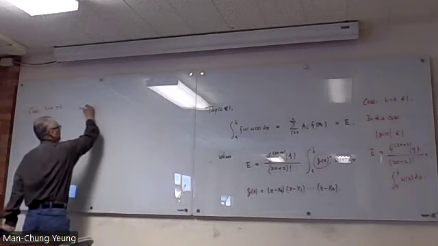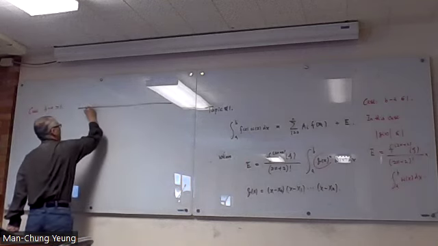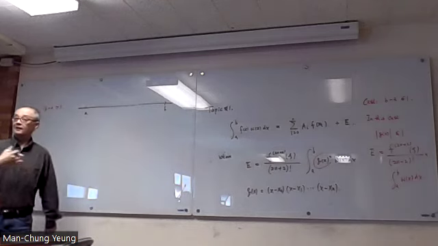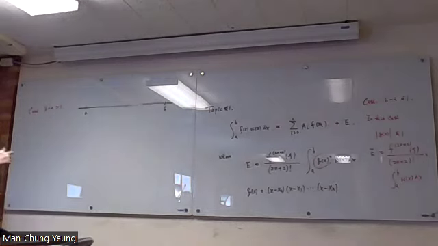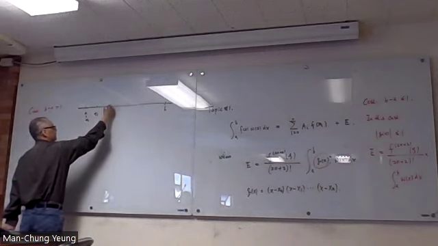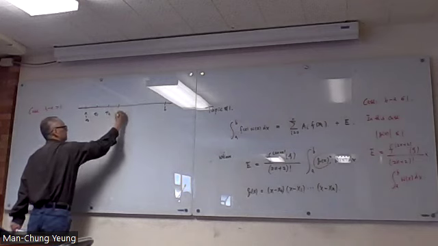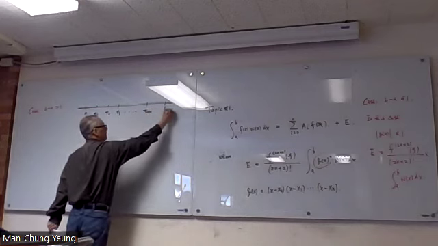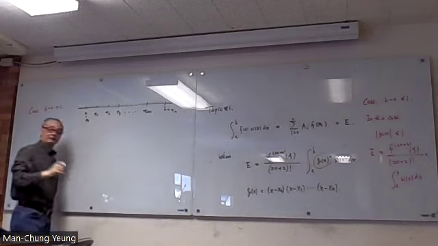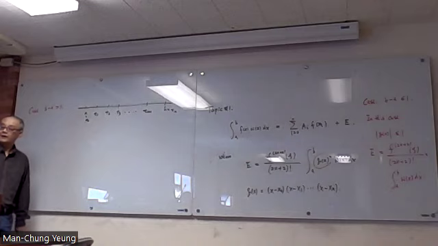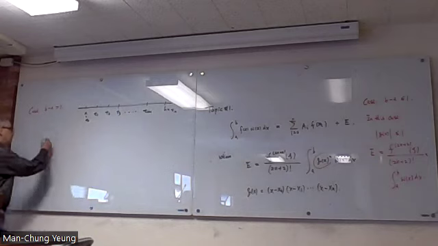This is a large interval ab. Then cut it into t0, t1, t2, t3, up to t(n minus 1) and then tn, so that each subinterval has length less than or equal to 1.